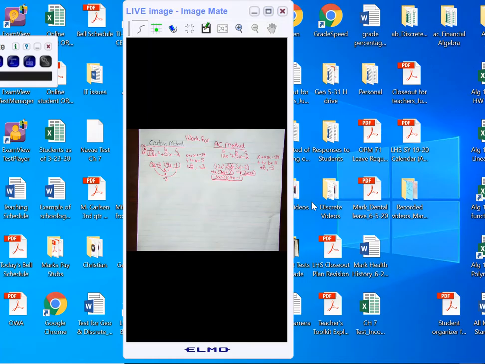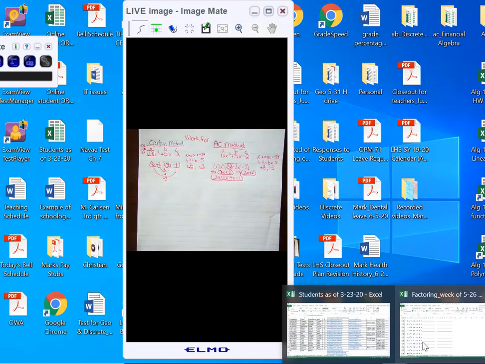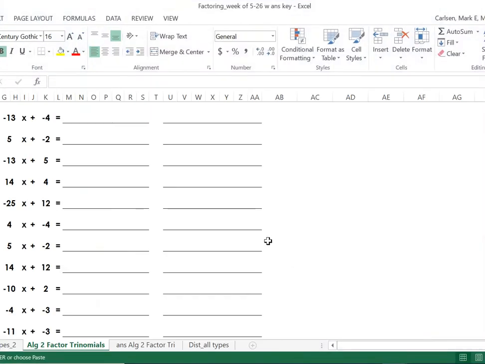Let's go ahead and do one more. Let me bring one up here that I am factoring out: 8x squared plus 4x minus 4.